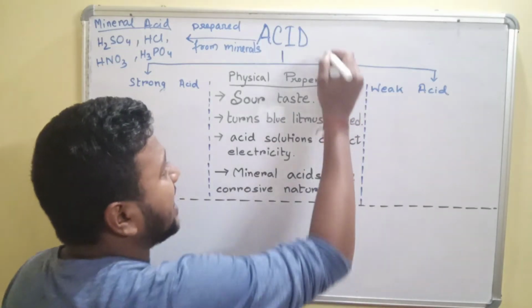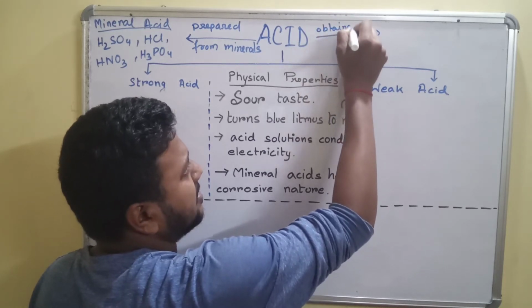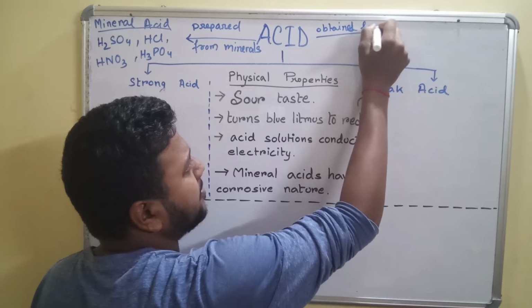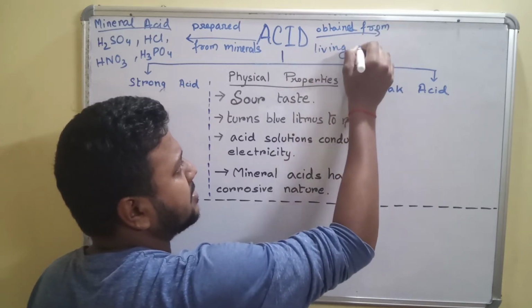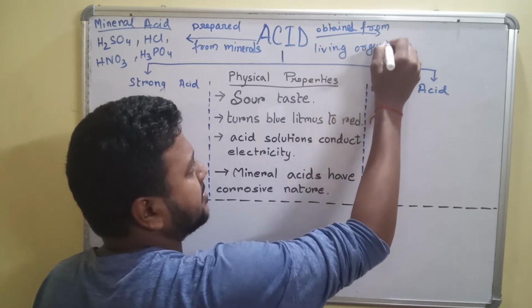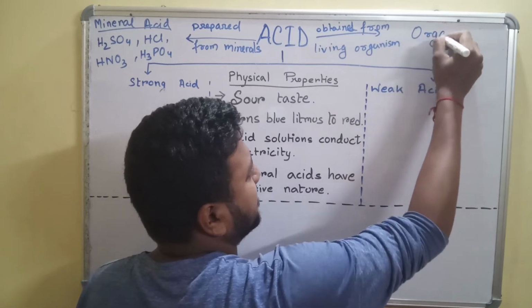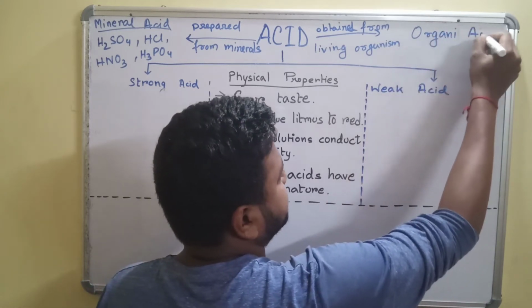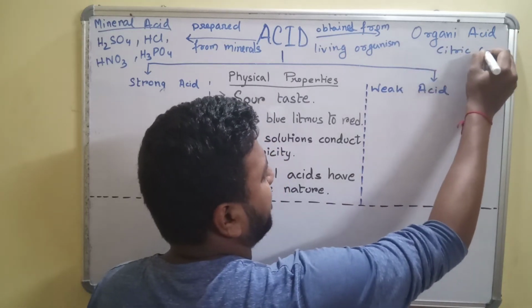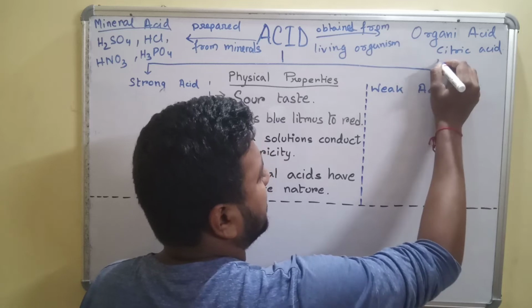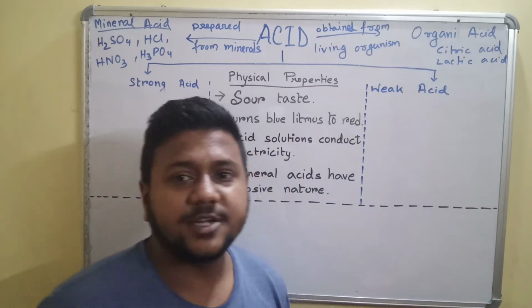So the acids that are obtained from living organisms are organic acids. Like citric acid, lactic acid, acetic acid present in vinegar.